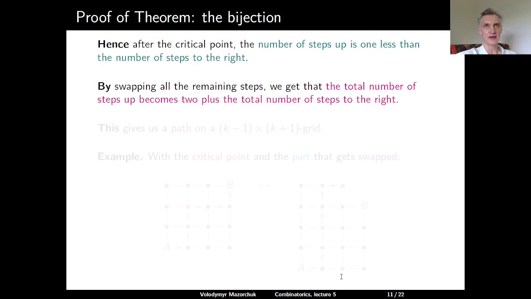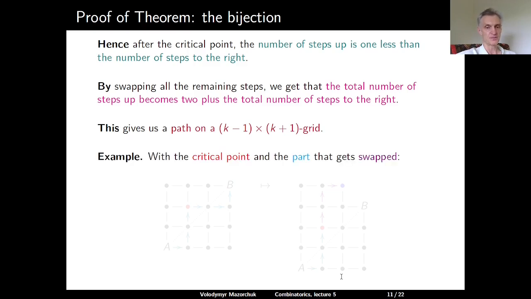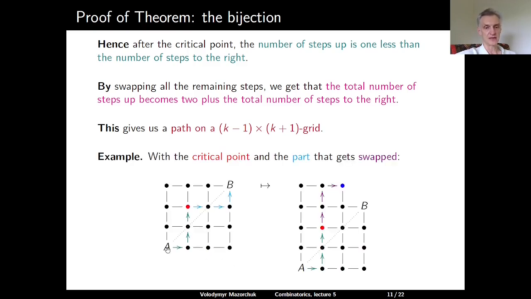So what we will get is that the total number of steps up becomes 2 plus the total number of steps to the right. And this means exactly that we get a grid walk on a k minus 1 times k plus 1 grid. So here's an explicit example. So let's look at our 3 times 3 grid and the walk right, up, up, right, right, up.